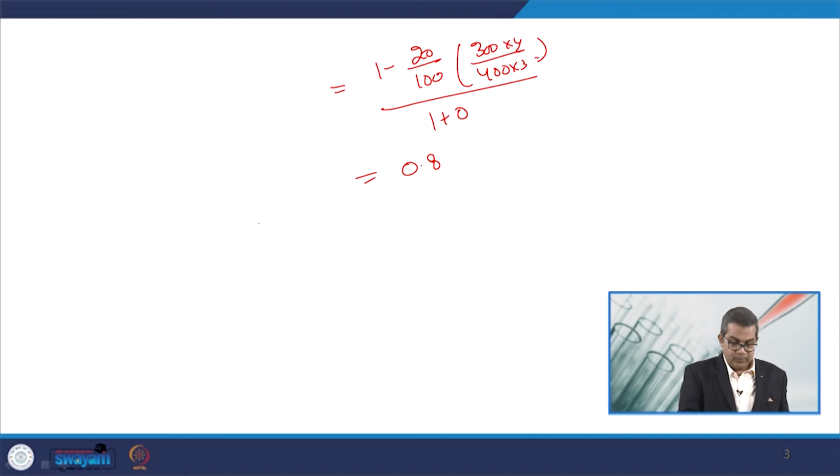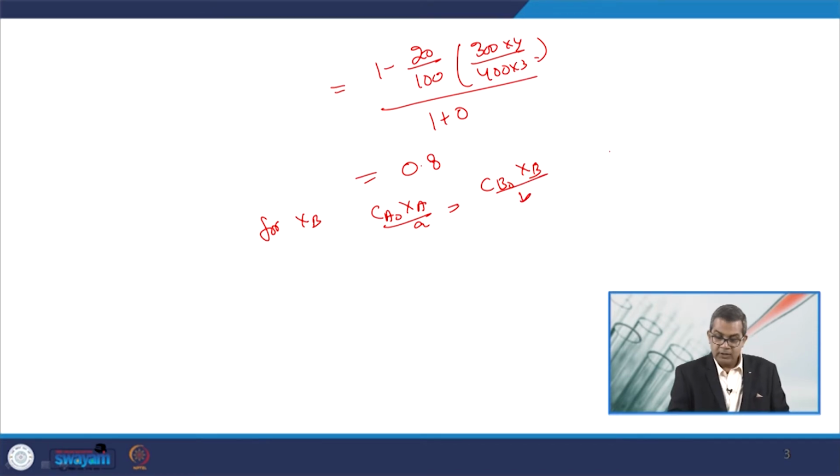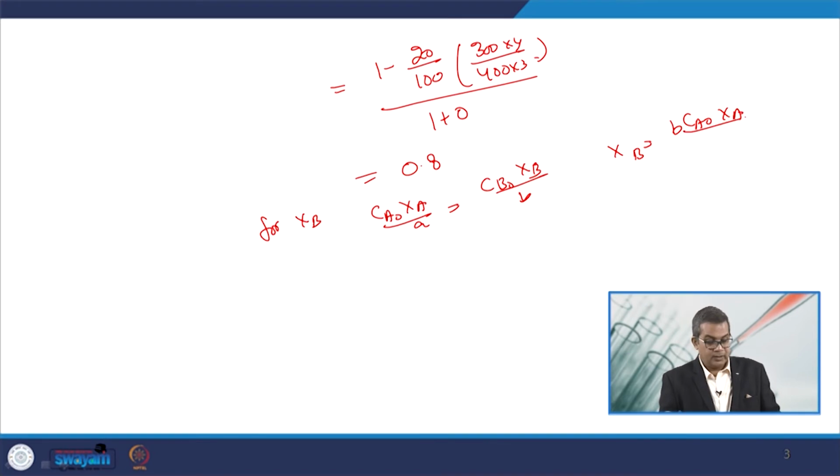Now for XB, we know Ca naught Xa upon A is equal to Cb naught Xb upon B, where Xb is equal to B Ca naught Xa upon A Cb naught. Here small a and small b are the stoichiometric coefficients of the reactants, and the reference reaction is A plus B is 2R, so a is equal to b is equal to 1.